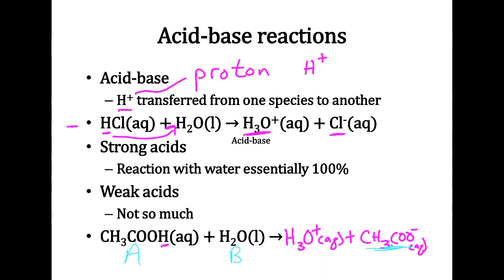This is now known as our conjugate base, so it is paired with this one right here. And then H3O+ right here is what we would call our conjugate acid, and that's related to that base right there, because that base, H2O, accepted a proton.